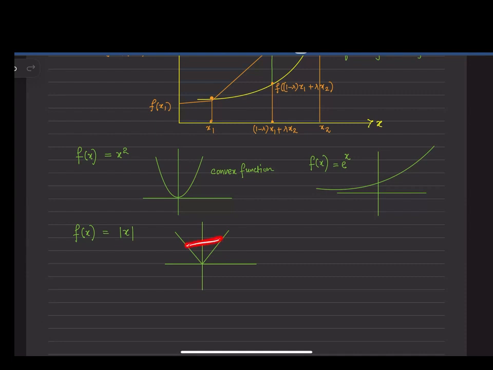The chord joining the 2 points is above the curve. Take the function x square or x to the power 4. So this is the graph. Same way we can see that take any 2 points on the graph, it remains above the graph.